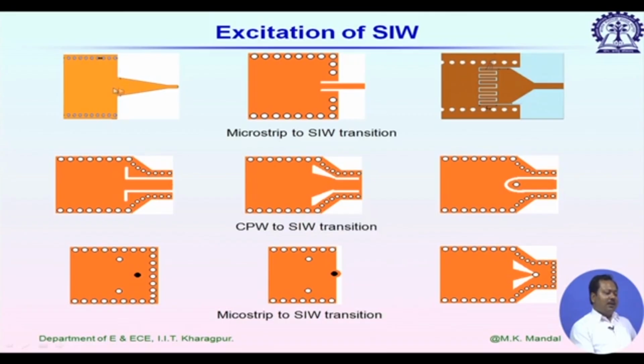So, how it is done here, you can see a linear tapering used here. Usually the length of this linear tapering is lambda g by 4 at the center, mid band of frequency, and by using a full wave simulator, you can simply tune the terminating width to obtain a better S11 and S21. Usually this design is wide band, having more than 40% bandwidth.